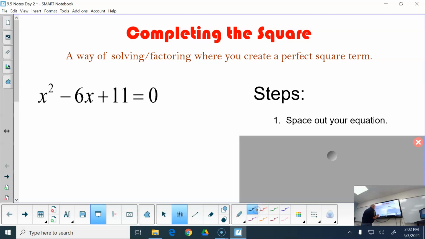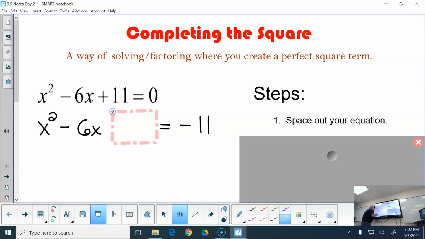I prefer, in this case, so I would say here x squared minus 6x, and then I would leave a space, and I would make that be negative 11. I'd move that negative 11 to the other side of the equation. And I got a nice little extra box right in here. Okay? And we're going to work on filling that box. Okay? So that's step number one.